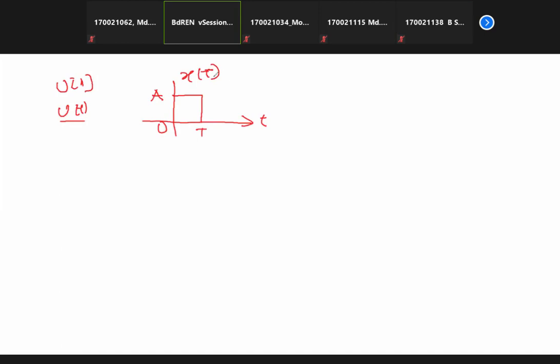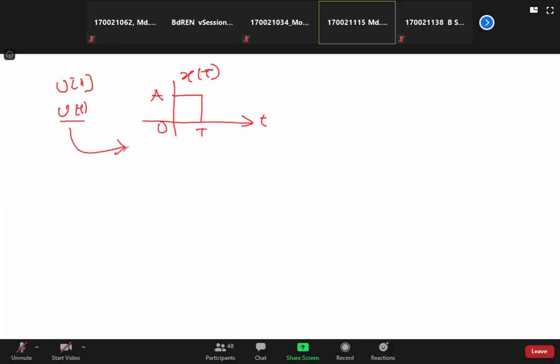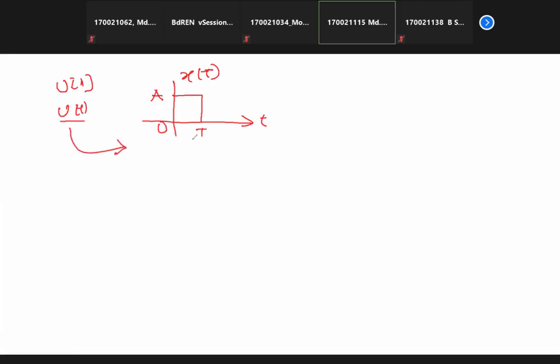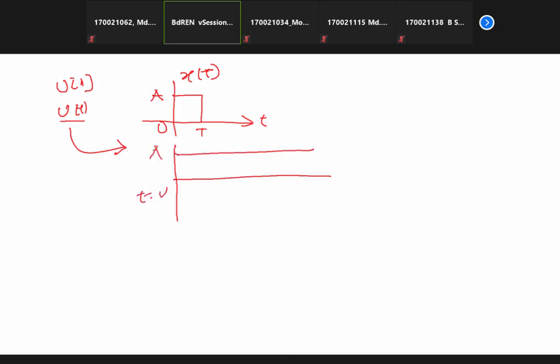Can we prepare this continuous signal with the help of the unit step? Yes, sir. How? At t equal to 0 we will have a step function with amplitude A, not unit, because the amplitude is A. Yes, sir. And this will be equal to A u(t).